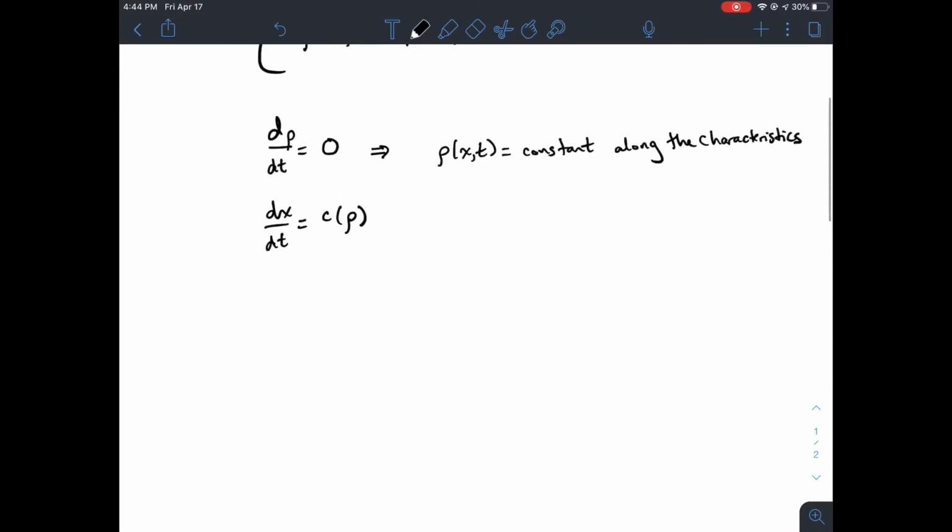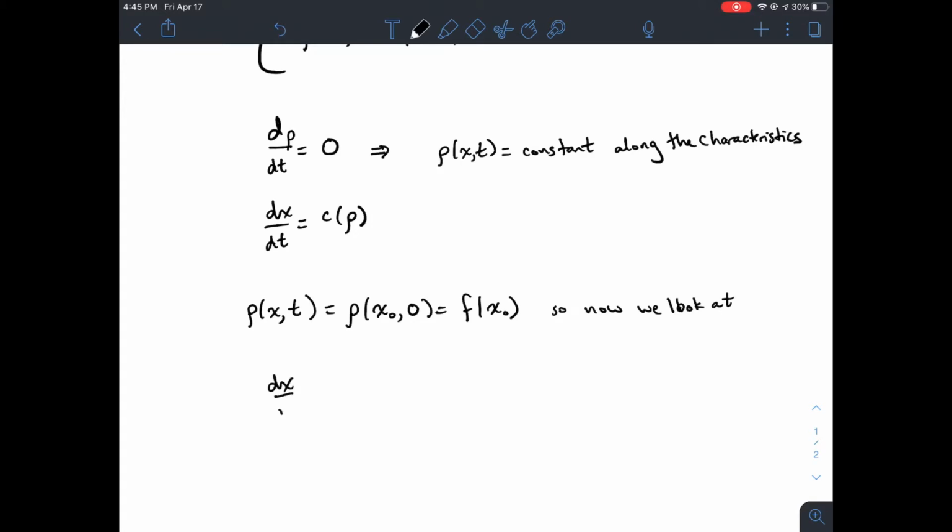In this case, C is not actually a constant. It's just going to be something that is dependent on rho, right? But what are we going to have then, since first of all, we have that rho is a constant and we know we have an initial condition. So we know that rho of x,t is going to be f of x naught.